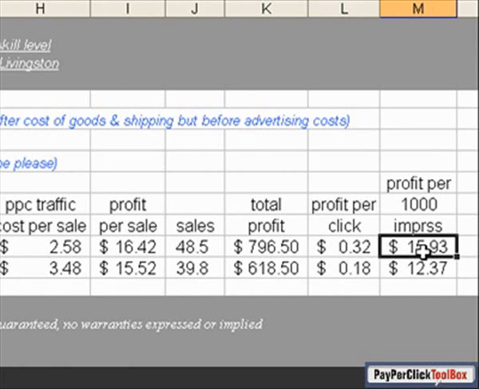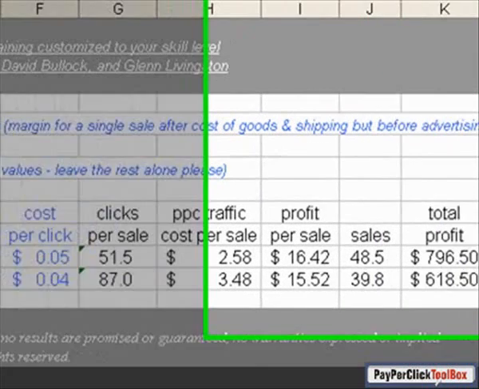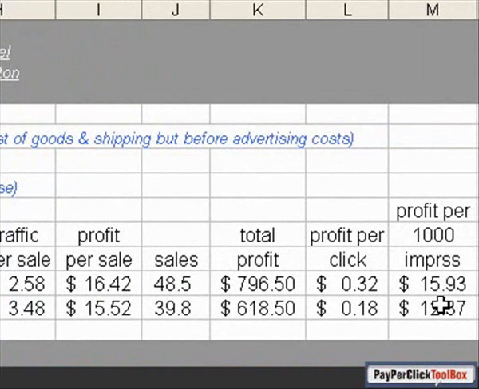Because 1,000 times 1,000 is 1 million impressions. That little margin, by making the right decision here, instead of choosing just based on click-through alone, is going to make you an extra $3,000 a month. And certainly you're in a market that has 1 million impressions a year, right? I hope you are.